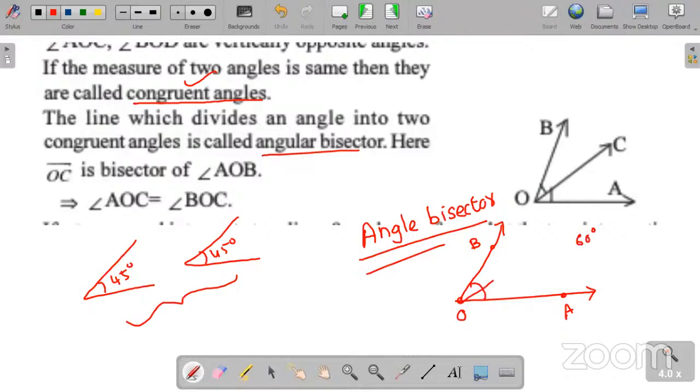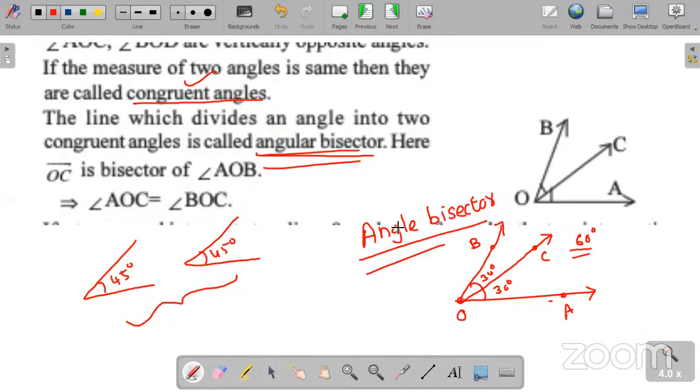Make it half with a ray OC: this is 30 degrees, and this is 30 degrees. Now this OC is called the angle bisector. That means this ray divides the angle into two equal parts. That means angle AOC is equal to angle BOC.